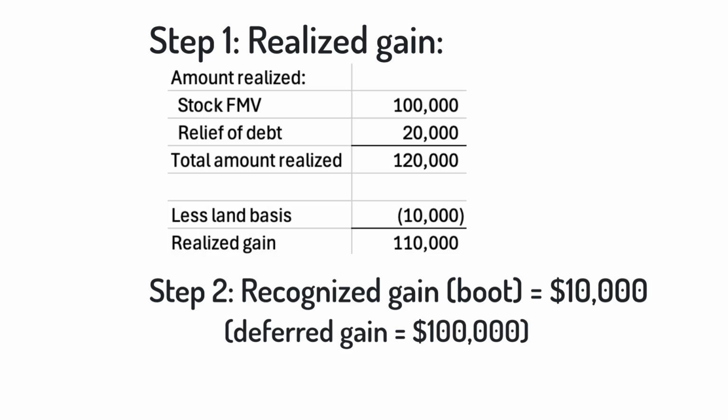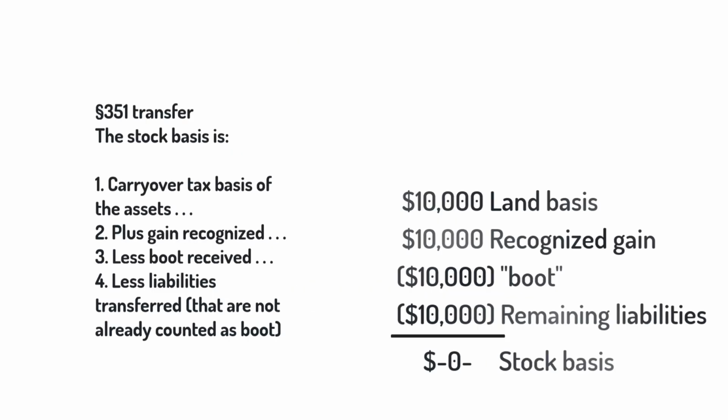Remember, the deferred gain that we're trying to account for is $100,000 that we calculated previously. And remember that the fair market value of the stock is $100,000. Also remember that we just calculated the stock basis to be 0.